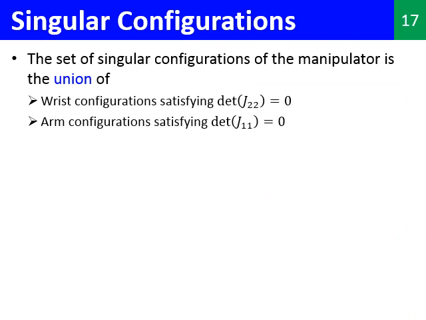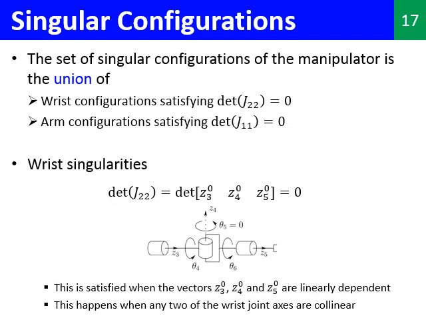As a result, the set of singular configurations would be the union of wrist configurations that satisfy determinant J22 equals 0 and the arm configurations that satisfy determinant J11 equals 0. So if we look at the wrist singularities first, then we have determinant J22, which is equal to the determinant of z_3, z_4 and z_5 equals 0, right?